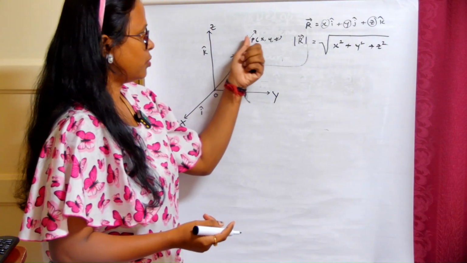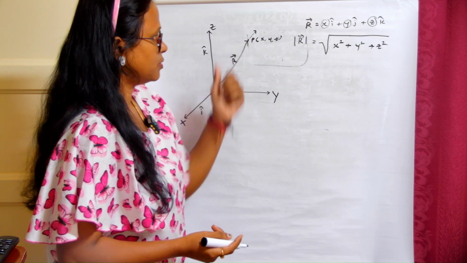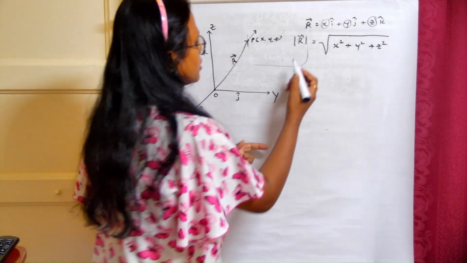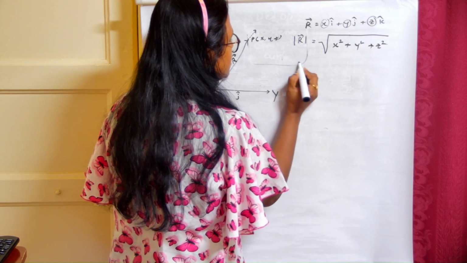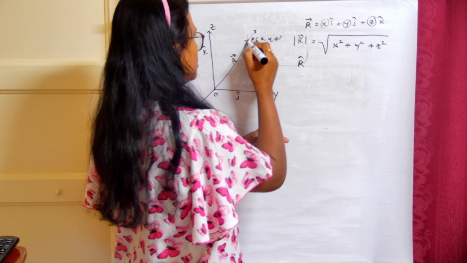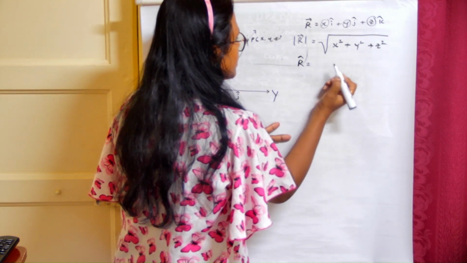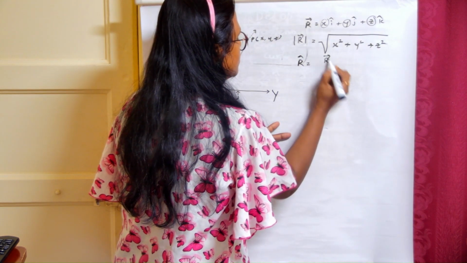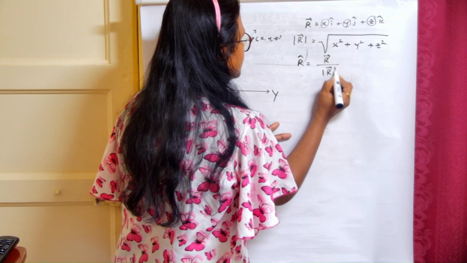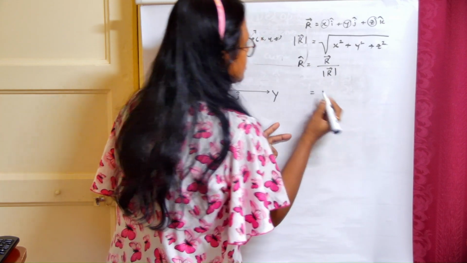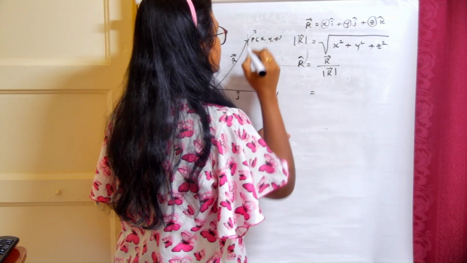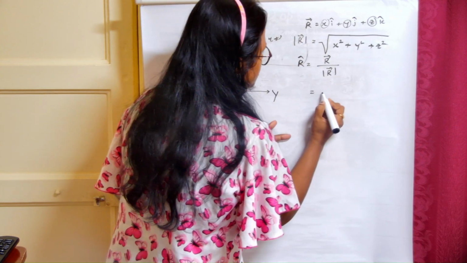If we want to quantify the direction of this position vector, then we need to know the unit vector. To find out its unit vector, this is the notation to represent the unit vector along this direction, and we have to divide this vector with its own magnitude. Then the resultant will be the unit vector pointing towards the direction of the position vector.